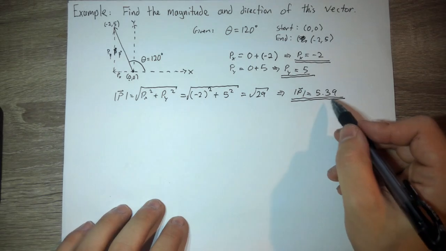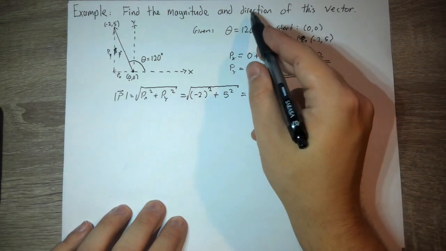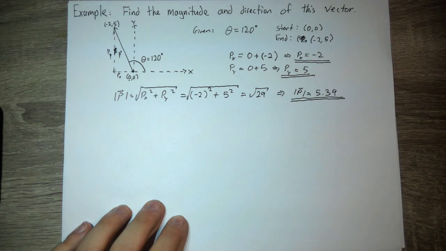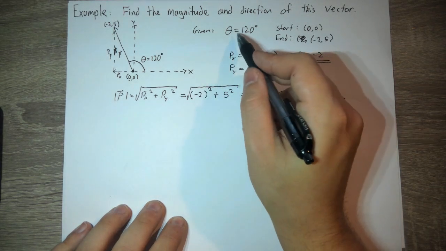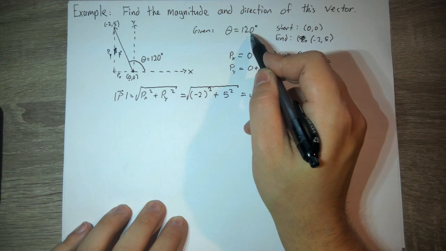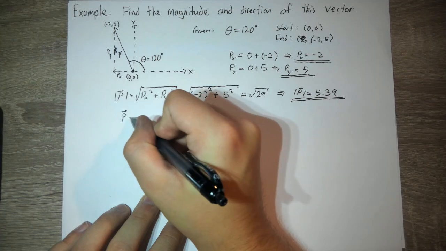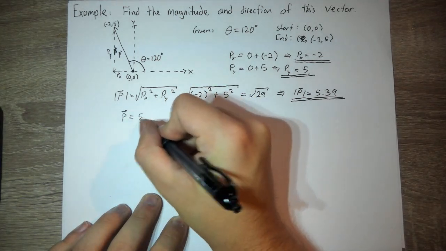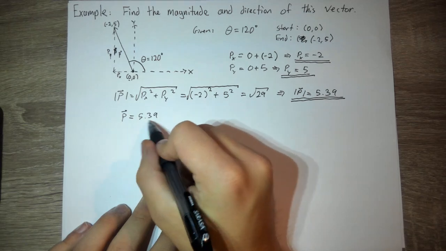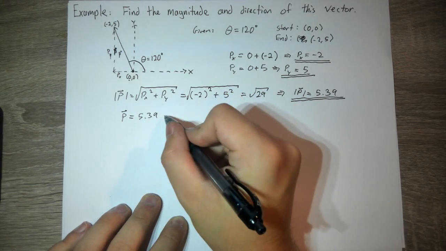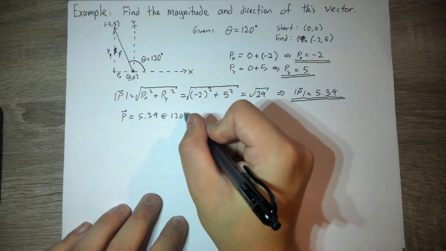So that's half of what a vector is, but now we want to find its direction. We actually have a direction given to us in the form of an angle. So in a sense, you could just give your answer like this: a vector with a magnitude of 5.39 at 120 degrees.